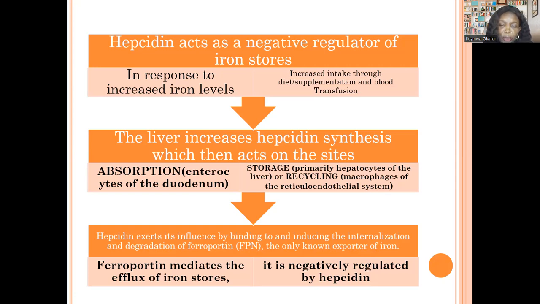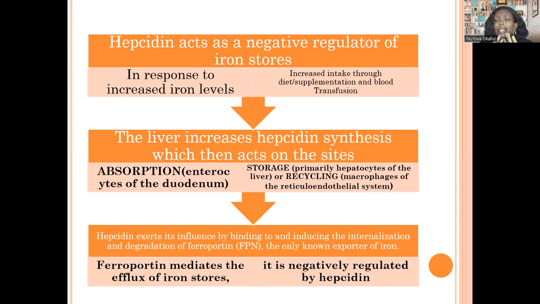Hepcidin exerts its influence by binding to and inducing the internalization and degradation of ferroportin, the only known exporter of iron. Ferroportin is the only known channel through which iron is exported into the system, either at the proximal duodenum, or from ferritin in the hepatocyte, or ferritin in the macrophages of the spleen, the reticuloendothelial system.